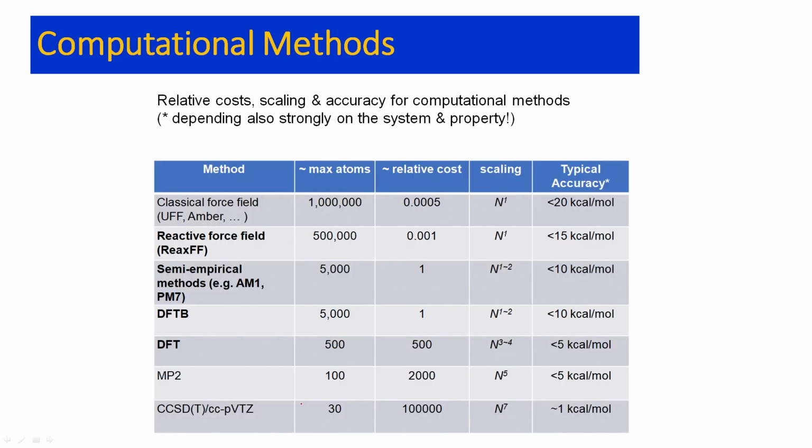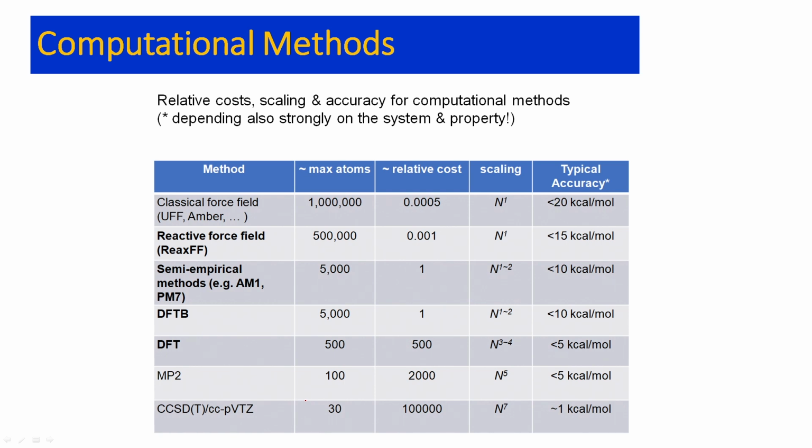Let me also tell you about the cost and the number of atoms. With classical force fields you can use almost 100,000 atoms, the cost is very low, and it scales very easily with the number of atoms. But semi-empirical methods or reactive force field methods, semi-empirical especially, cannot use a large number of atoms.